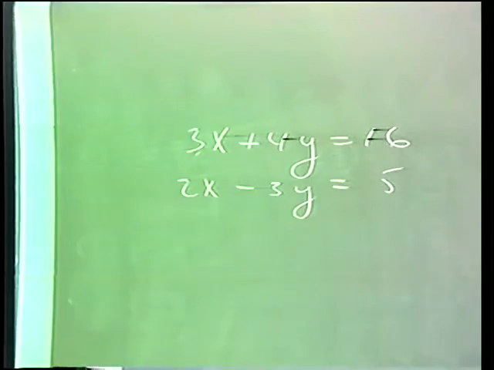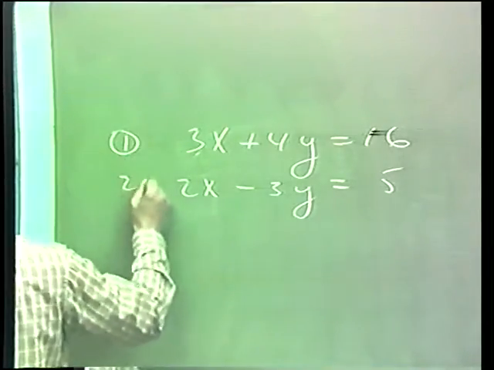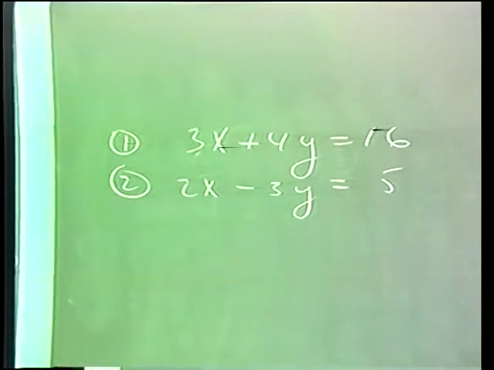There we go. Two equations, two lines. I'll name them 1 and 2. Your job is to find the point of intersection of those two lines if it exists.